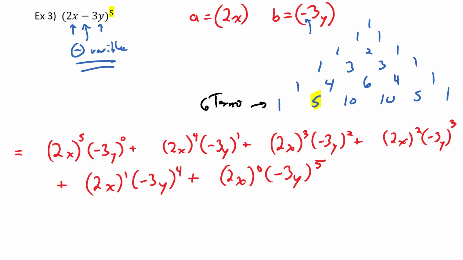There you have it. How many terms do we have? We have 1, 2, 3, 4, 5, 6 terms. This one starts at exponent 5. This one ends at exponent 5.